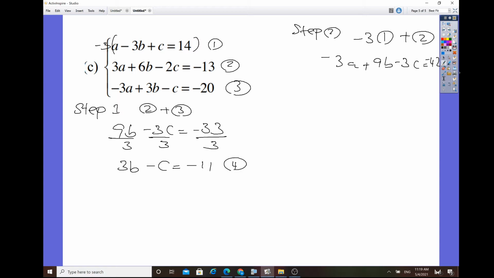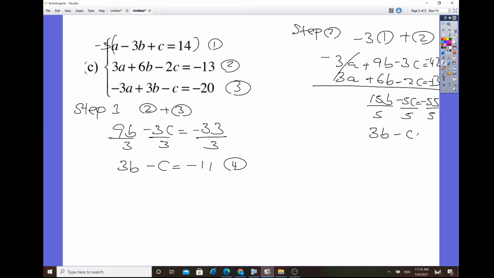And then combine it with the second equation: 3a plus 6b minus 2c equals negative 13. The a terms cancel. So 9b plus 6b is 15b, negative 5c, and negative 42 minus 13 is negative 55. Divided by 5, we do have 3b minus c equals negative 11.